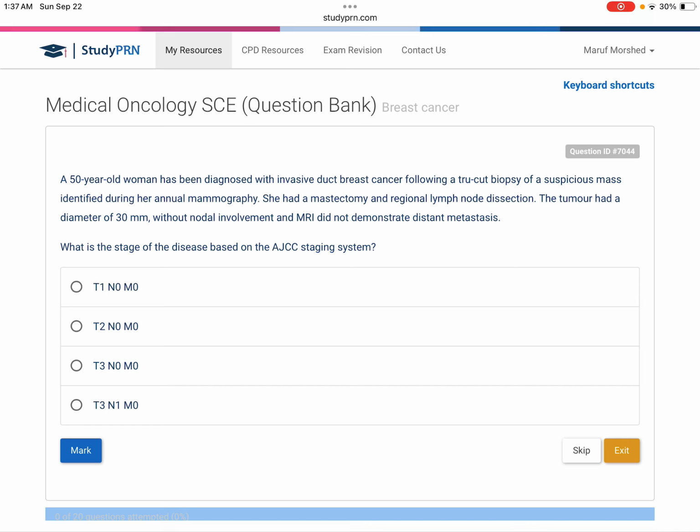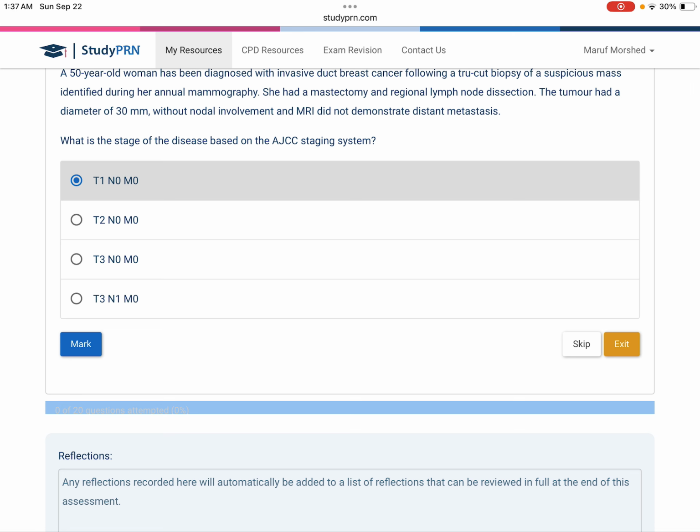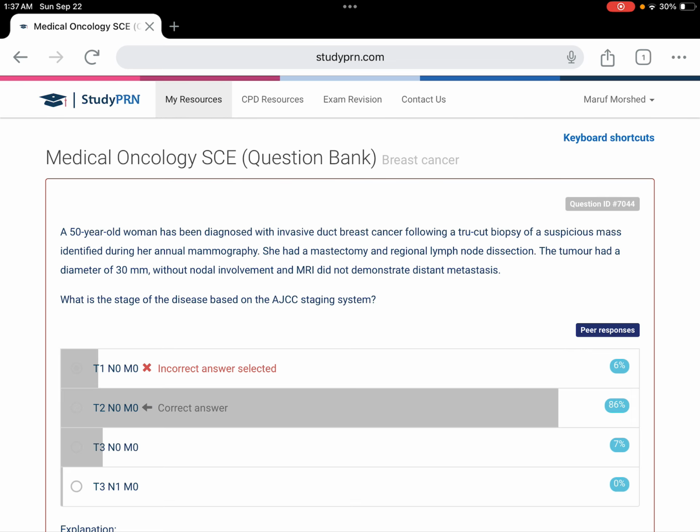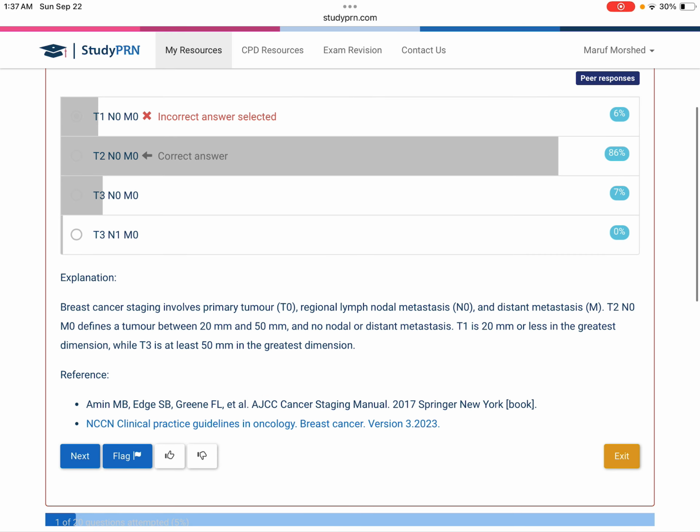What is the stage of this? This is maybe the easiest question. We know that below 3 millimeter, or equal, maybe T1. So I give the answer T1. When I get it marked, no, it is T2, because breast cancer staging involves the primary tumor, and T2 defines a tumor between 20 millimeter and 50 millimeter.